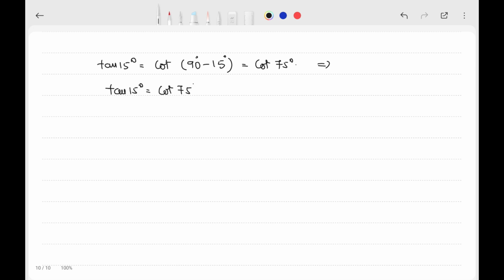That means cot 75 can be replaced with tan 15. Tan 15 value is already known to you. Then what is cot 15?